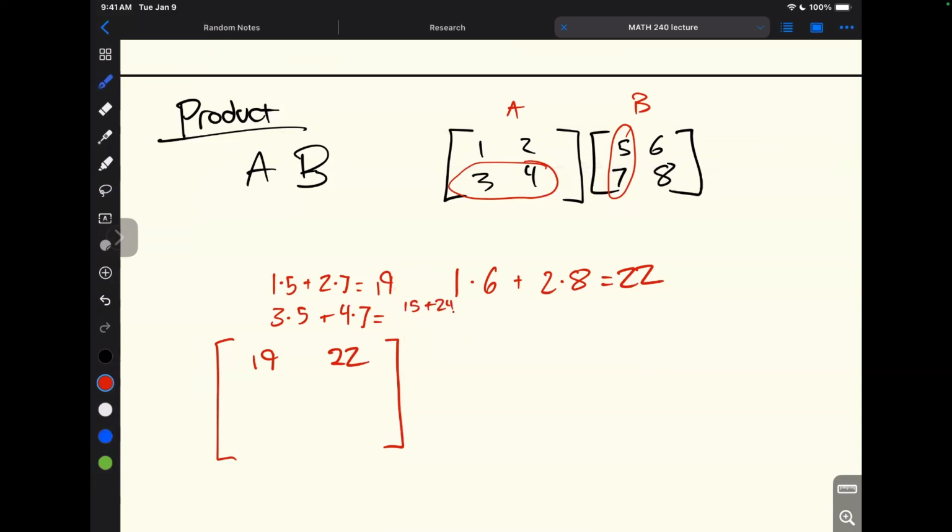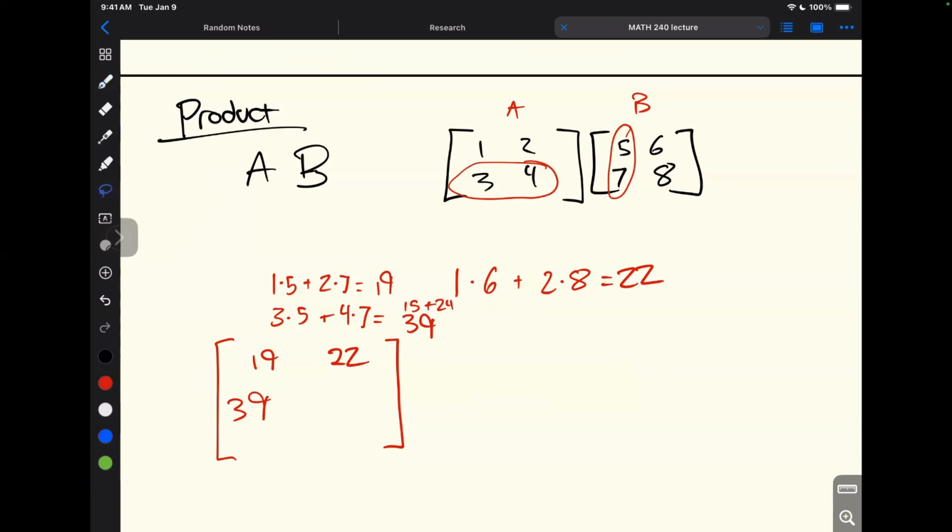Fifteen plus 24 is 39. Someone tell me if that's wrong, please. So 39 goes here. And then you get the picture.